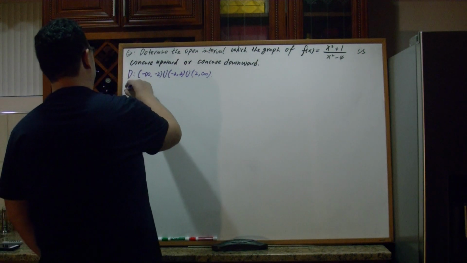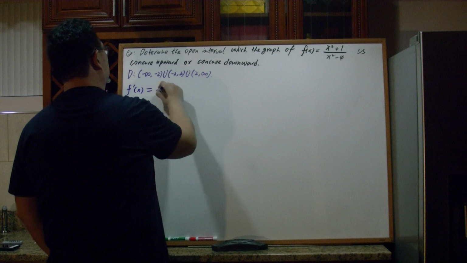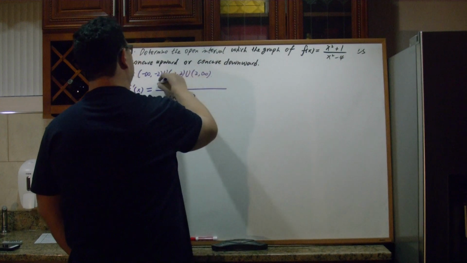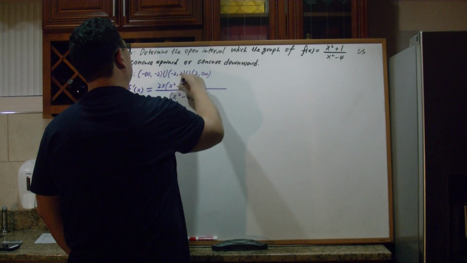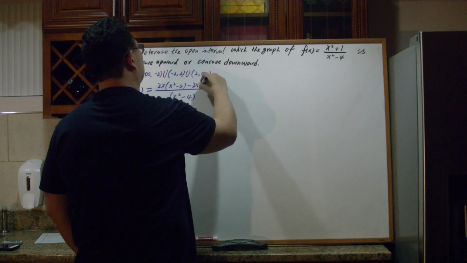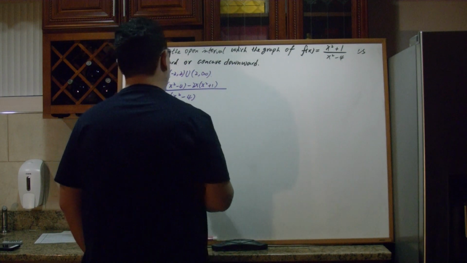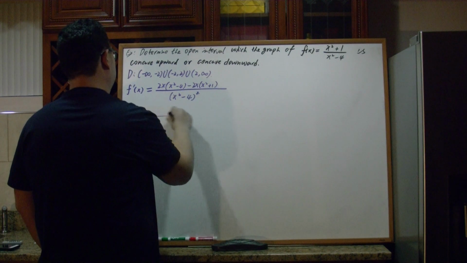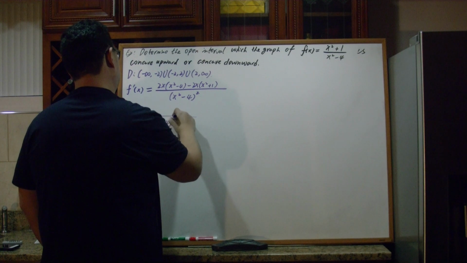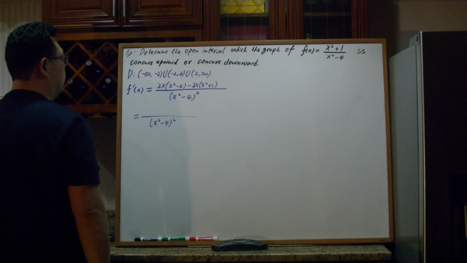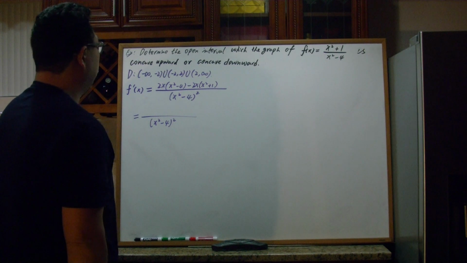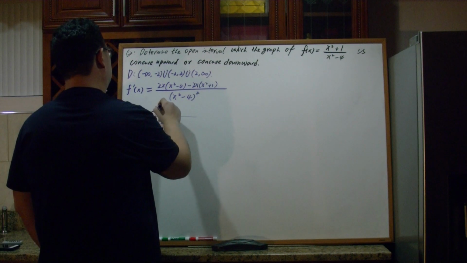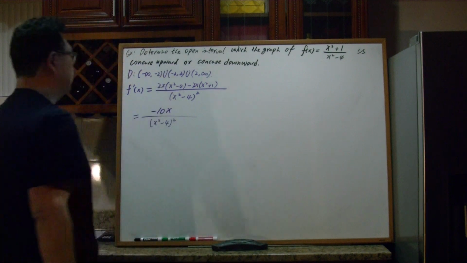Then for our f prime of x, I could just do it a little faster, I believe. u prime times v minus v prime times u, over v squared, which we'll get is u prime, that's 2x to the third, minus 8x, minus 2x to the third, minus 2x, that will be negative 10x.